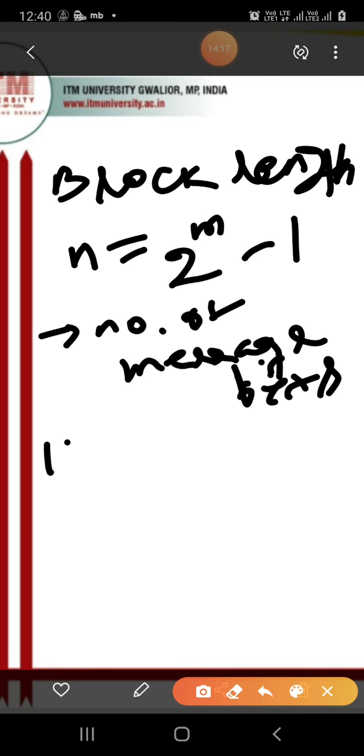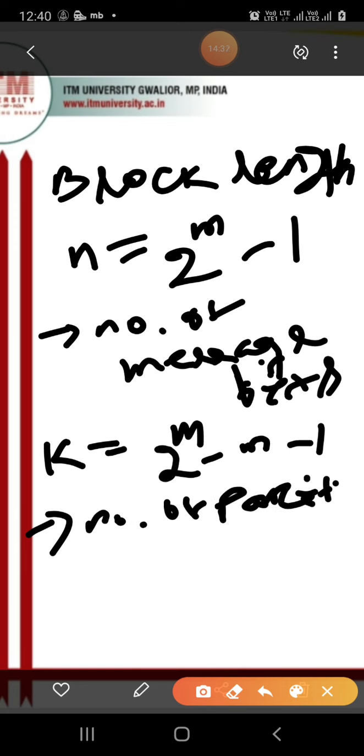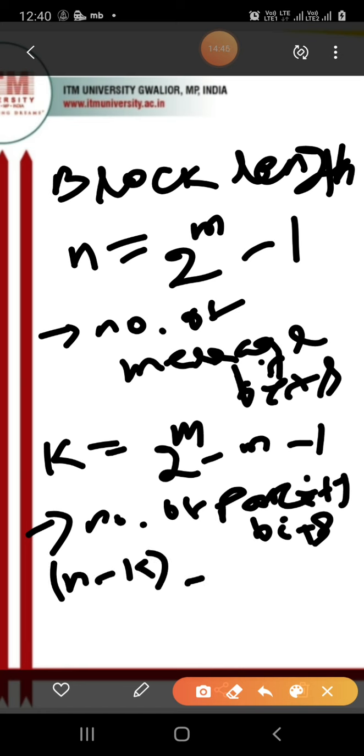So k, the number of message bits, can be written as 2 to the power m minus m minus 1. Similarly, the number of parity bits will be n minus k, which will be equal to m.